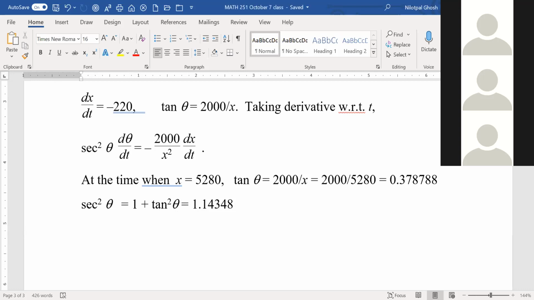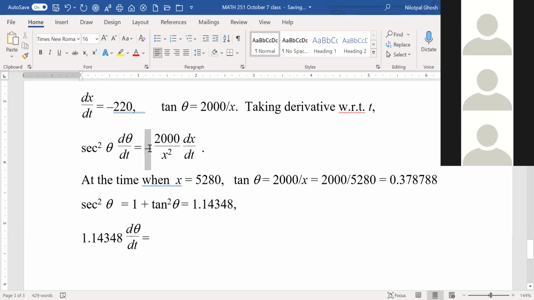We know dx/dt is negative 220, right? So sec square theta, which is this number, 1.14348, multiplied by d theta/dt equals, there are two negative signs coming up.